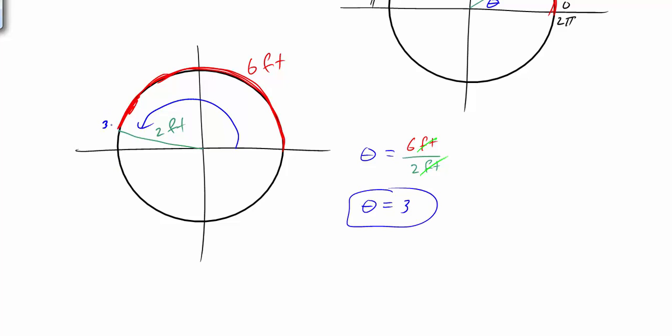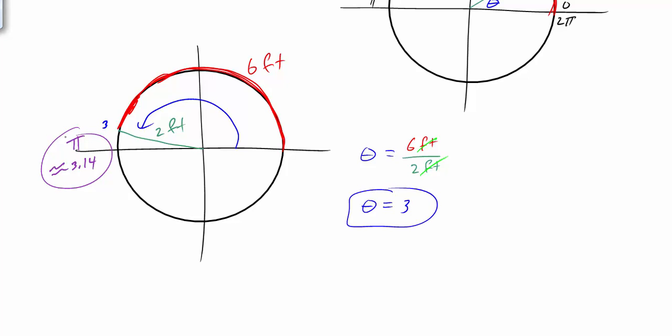Remember, what did we say halfway around was? We said if we went halfway around, that would be equal to pi. Remember, pi is approximately 3.14. So if we have an angle that is 3 radians, then we know that we're almost halfway around, because here to pi is equal to 3.14.